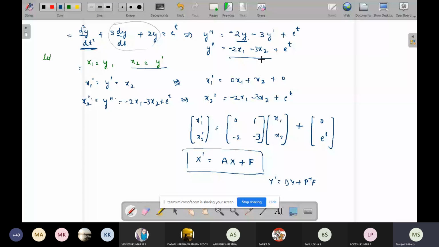Then there are only two models for your syllabus, and the other is the LRC circuit that we are going to discuss in the next class. And your CAT 2 syllabus is up to the fourth module. And one more thing, I'll take a quiz after the CAT 2 exam, means before the final exams I will take the quiz.